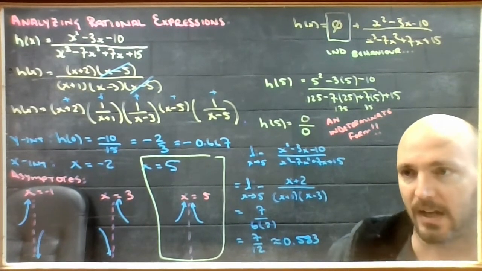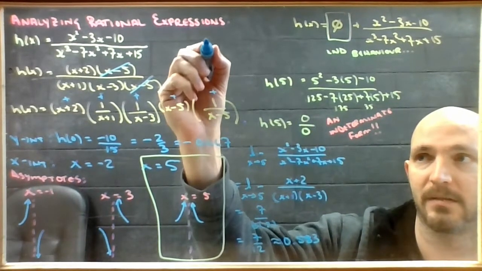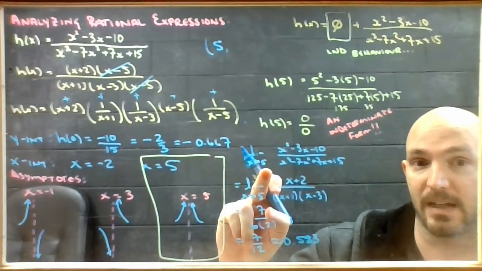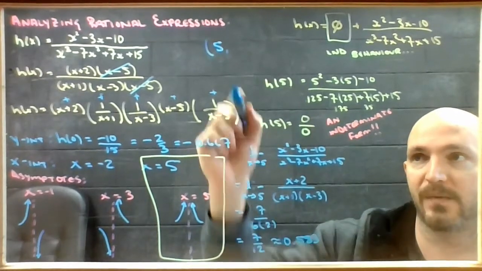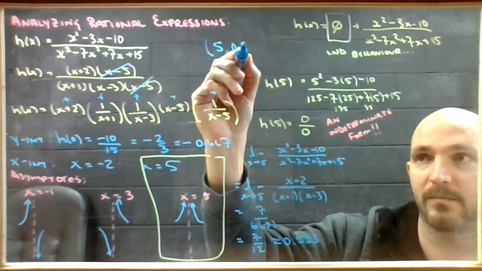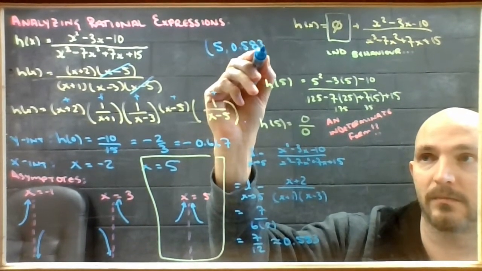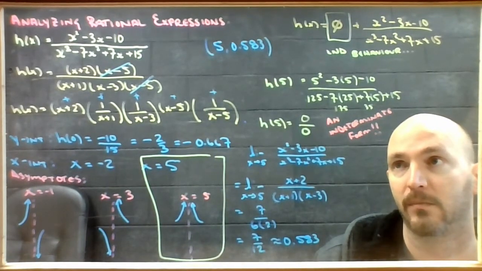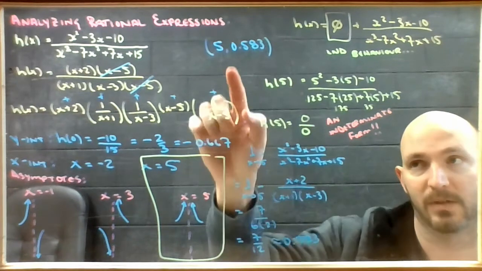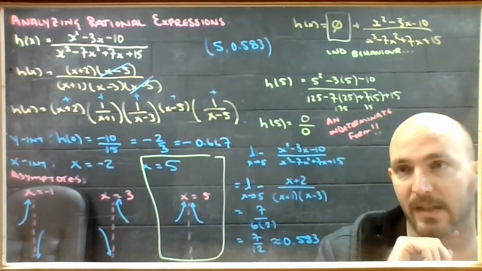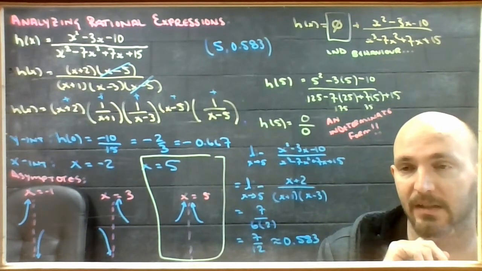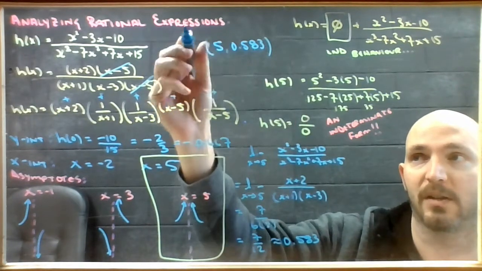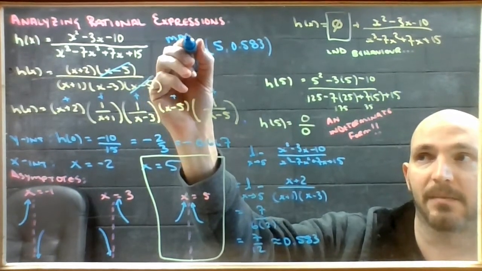So that dot happened when x was 5, right? That's where I was checking, at a y value of 0.583. All right, now we'll talk about exactly what that looks like on the graph when I get sketching it. For now, I'm going to clean this off a little bit and acknowledge that masking made this happen.